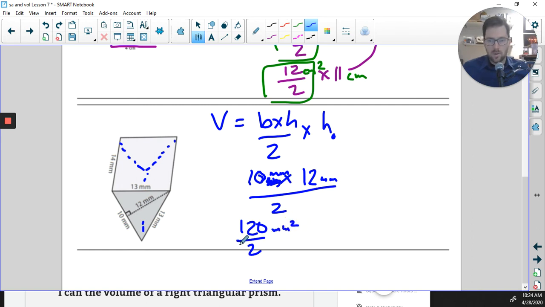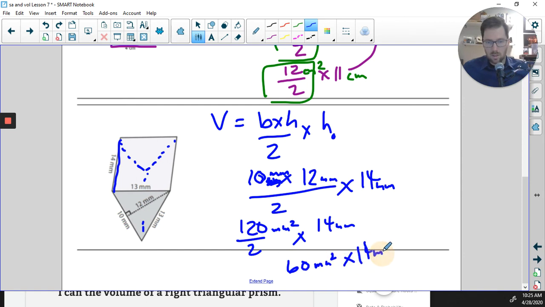Okay, divided by 2 times, what is our h going to be? Oh, we missed our h over here. Our height and our length, the distance between our two triangles, is 14. 120 divided by 2, we have 60 millimeters squared times 14 millimeters.